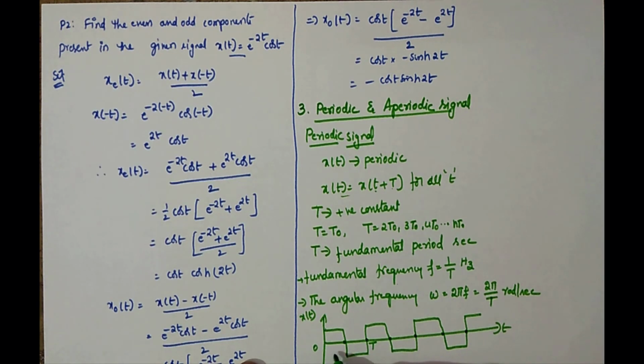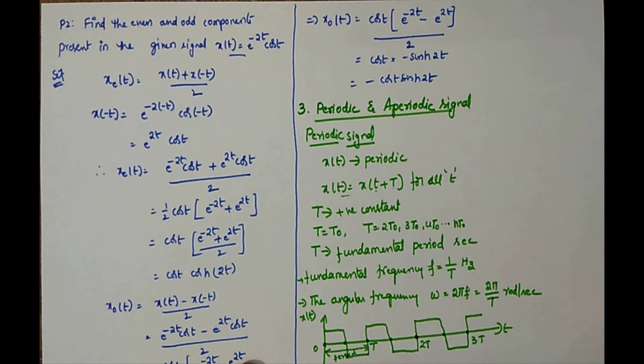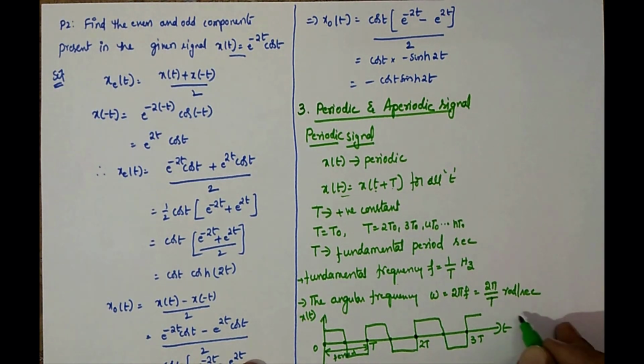This is called the period, and from this to this it is T. So it will be your 2T, and it will be your 3T. What is the name of this signal?